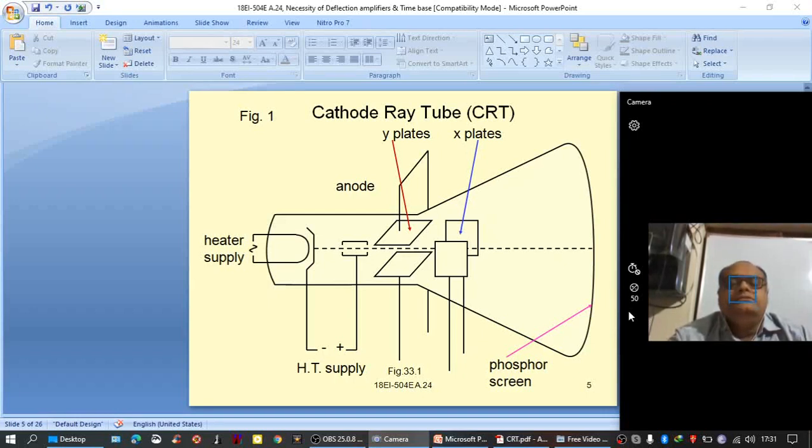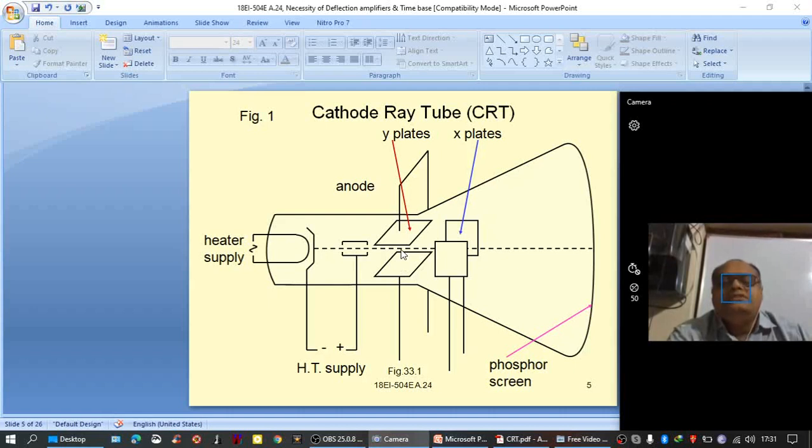So during the first half of the negative half cycle, or during the third quarter of the input signal, the electron beam starts moving towards the lower plate, and during the fourth quarter of the input signal, or during the second half of the negative half cycle, the electron beam gradually starts coming towards the center.